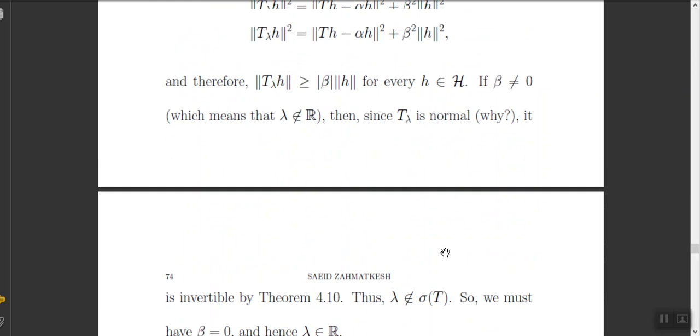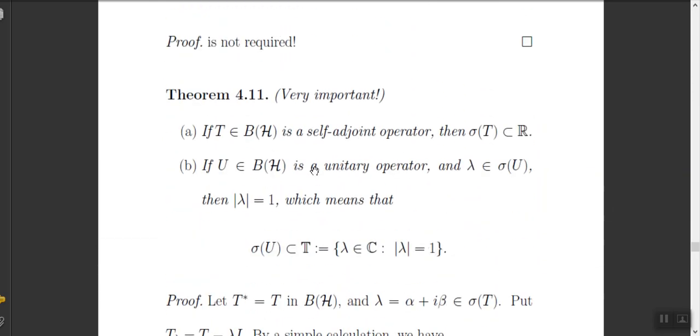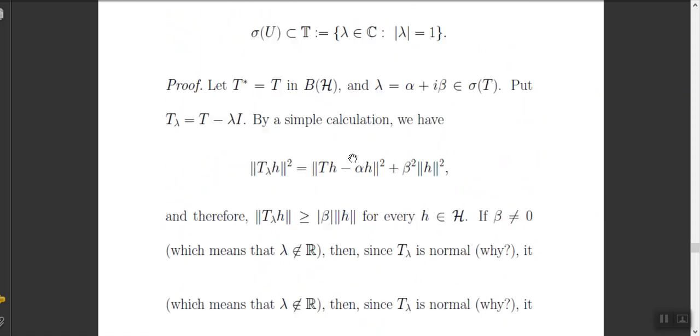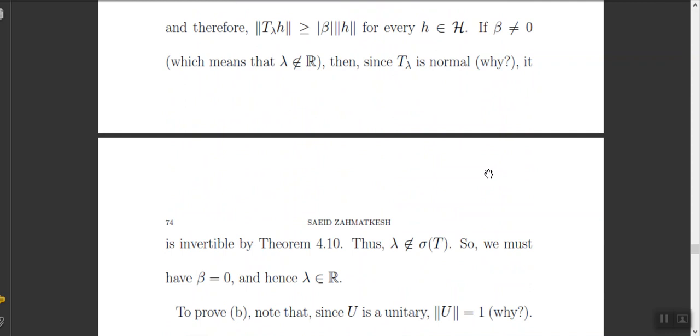Now we are going to apply theorem 4.10. T lambda is a normal operator, and the norm of T lambda h is greater than or equal to the absolute value of beta, which is a positive number, times the norm of h.